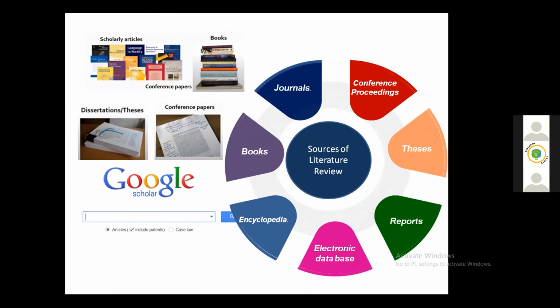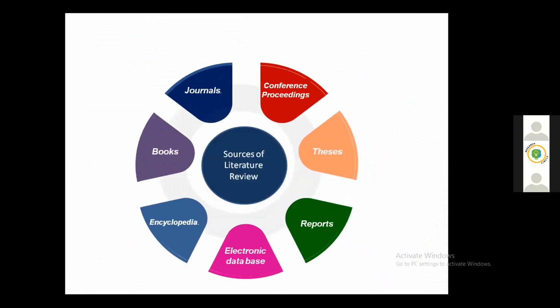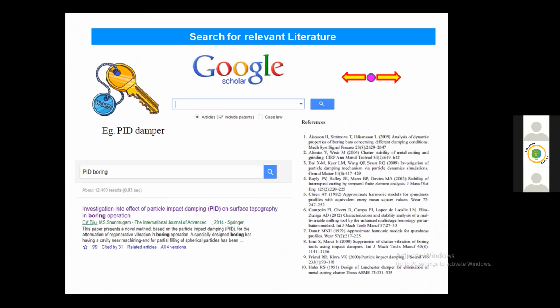Once you go to Google Scholar, you can find theses, conference papers, scholarly articles, books, etc. You can easily get these sources, usually free of cost, and in very rare cases you have to pay money for getting this material.